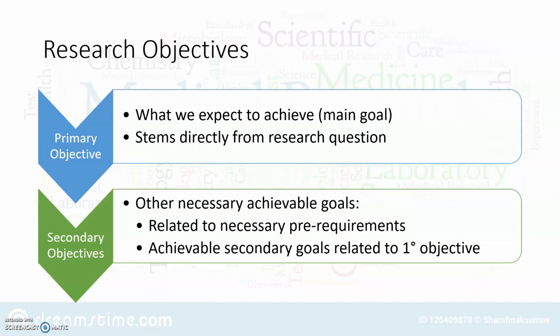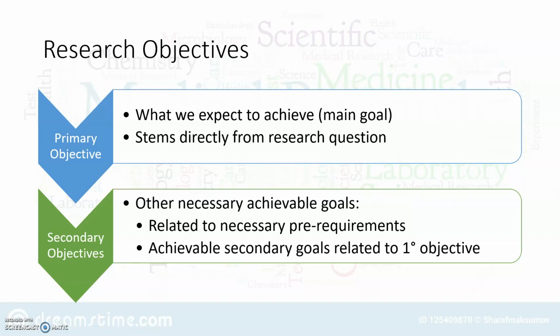Once we've designed our PICO question, we think about our research objectives. And there's always a primary objective, and then there may be secondary objectives. These are statements of intent or action statements that take the question and turn it into what we intend to do. The primary objective would be the main goal that we expect to achieve, and that should stem directly from our research question.